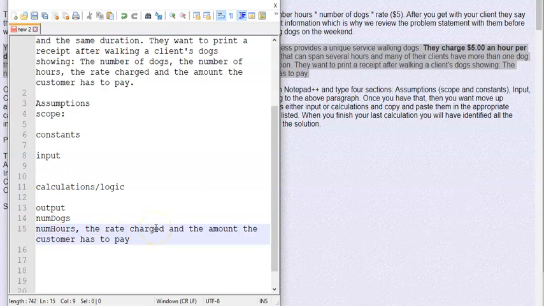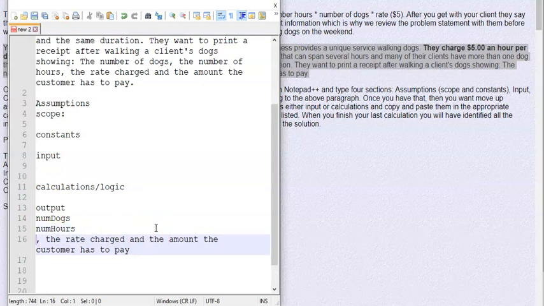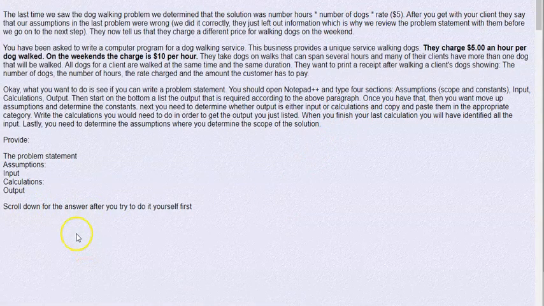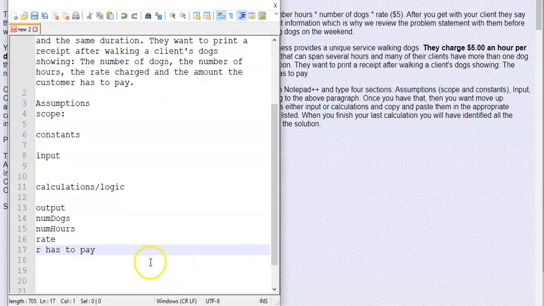And then we have something new here, and that is the rate charged. And let's just call that rate. And the amount customers have to pay, and let's call that final fee. All right, so we have that.